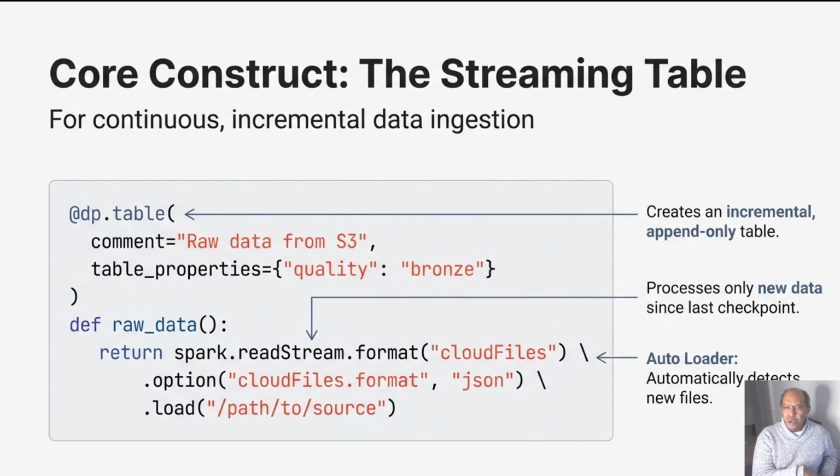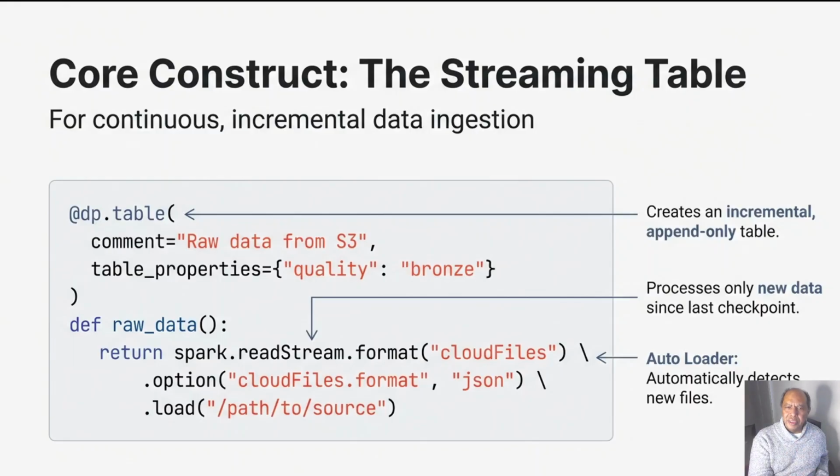So if your pipeline fails and restarts, it picks up right where it stopped, because there is checkpoint information within the system. So you don't see any duplication, and no missing data as well. That's the key part of the checkpoint. So it processes only data since the last checkpoint.